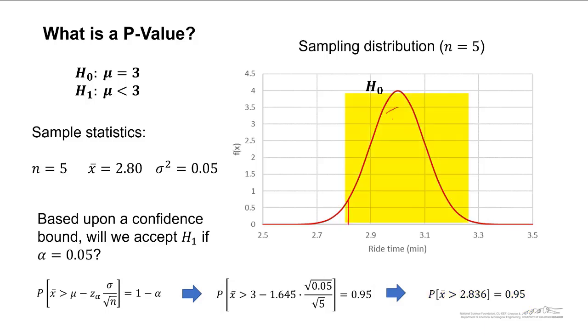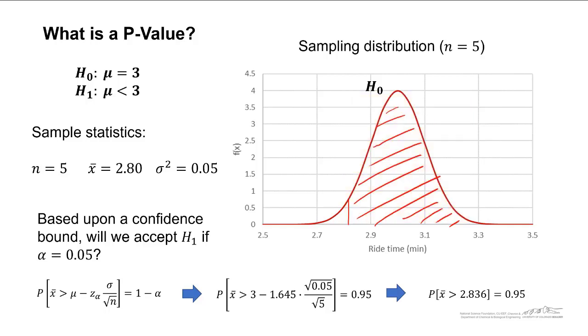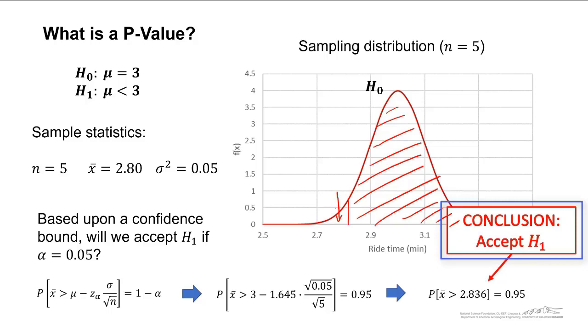That means 95% of the time, a sample average, if the true mean is 3, will be to the right of 2.836. What's our sample average? Well, we got 2.8, and so again, if alpha is 0.05, we would assume that's rare. Our conclusion would be to accept the alternate, and we would reject the null hypothesis.